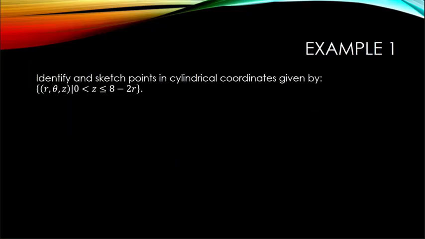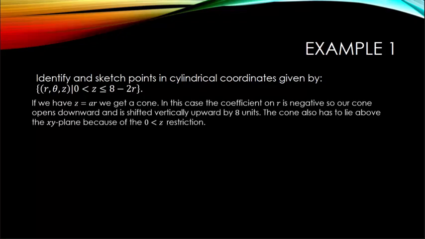I want to identify and sketch points in cylindrical coordinates that are given by the set of all points (r, theta, z) such that 0 is less than z, which is less than or equal to 8 minus 2r. Based on the types of sets we just explored for cylindrical coordinates, we know that if z is equal to a times r, we get a cone.